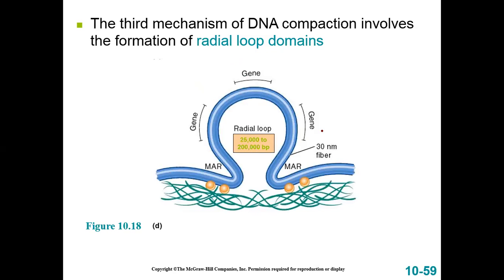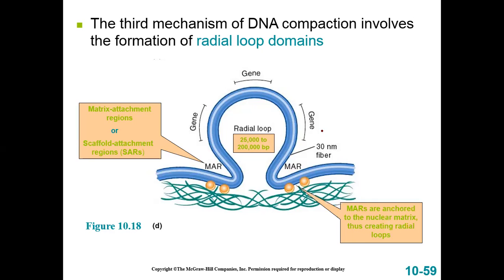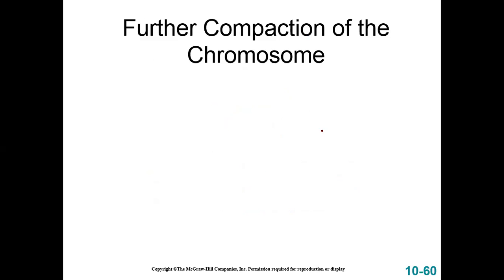These loops contain 25,000 to 200,000 base pairs. These are actually the matrix associated regions, which can interact with the matrix protein. MARs, matrix associated regions, are anchored to the nuclear matrix, thus creating radial loops.